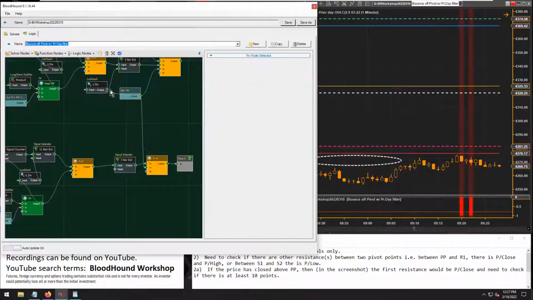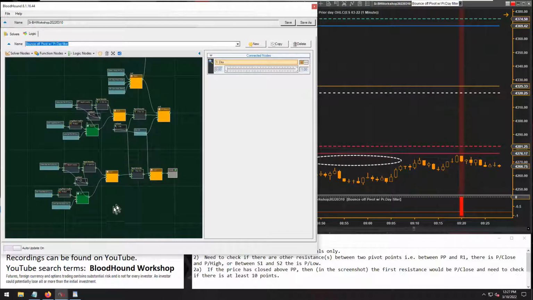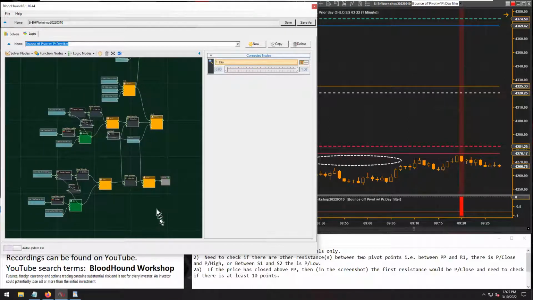So that's why we're using the reset there. Okay. All right, and that completes our logic for S1.